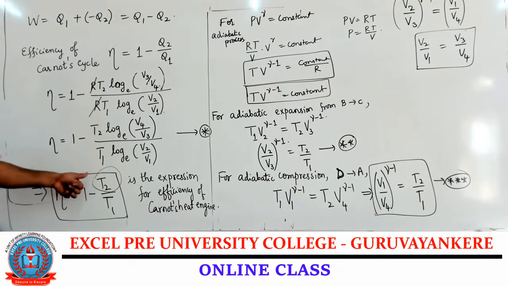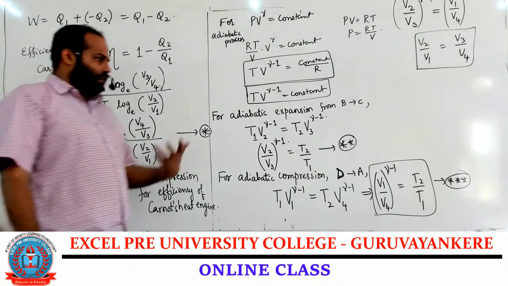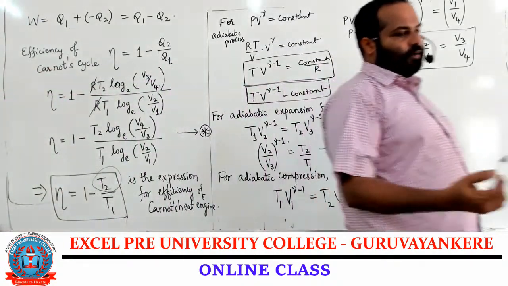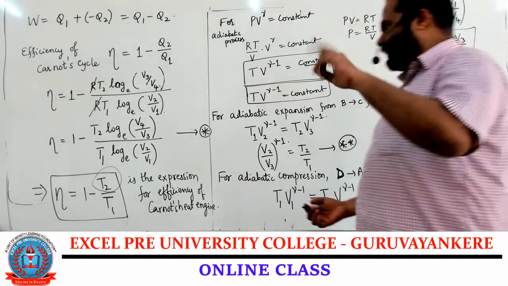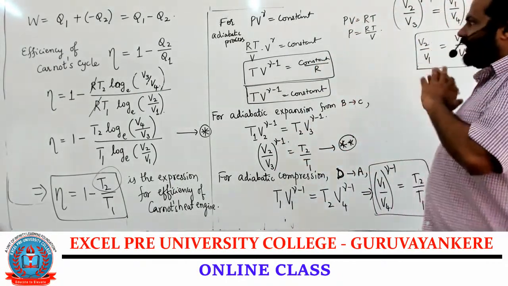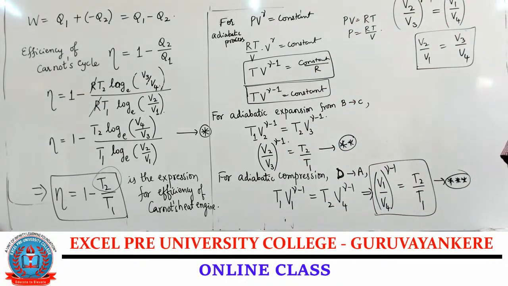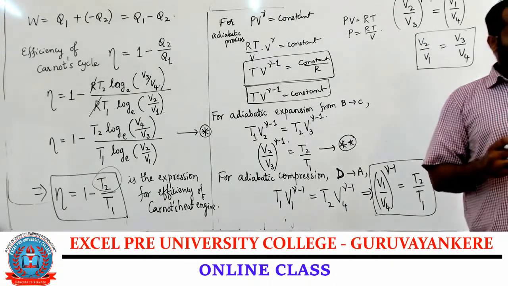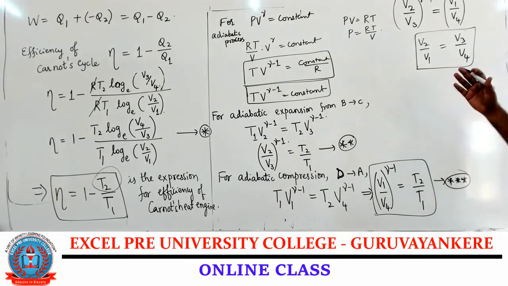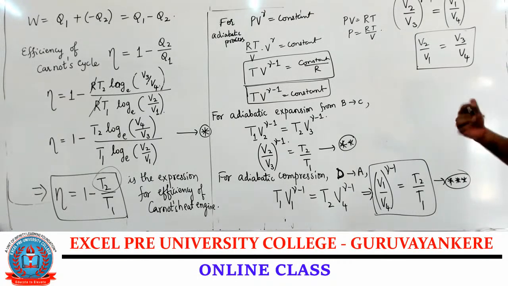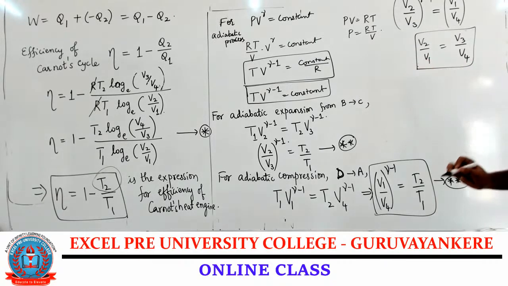That is the reason why the second law of thermodynamics came into effect. There are two statements. Carnot tried his best, taking all the precautions, but still he failed to design a heat engine which is 100% efficient.